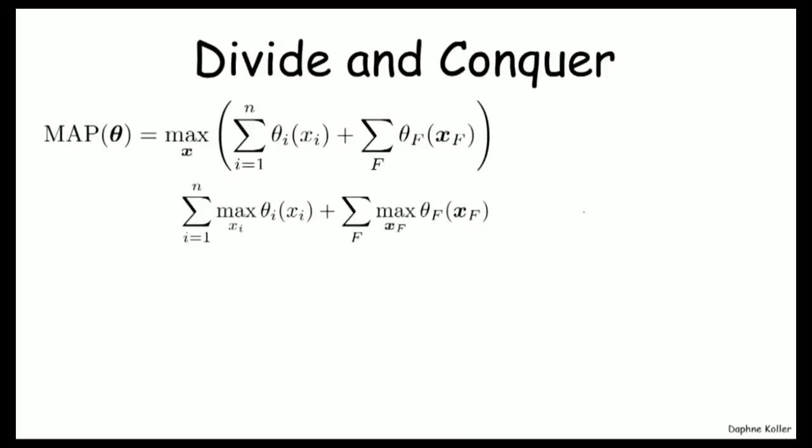So one thing that we could do, which would be wrong, is to say, well, let's forget about the fact that we're trying to do a single joint assignment. Rather, we're going to think about each problem with blinders on. So we're going to think about each theta_i(x_i) by itself, and we're going to find the x_i that optimizes that factor, and we're going to do the same for the larger factors.